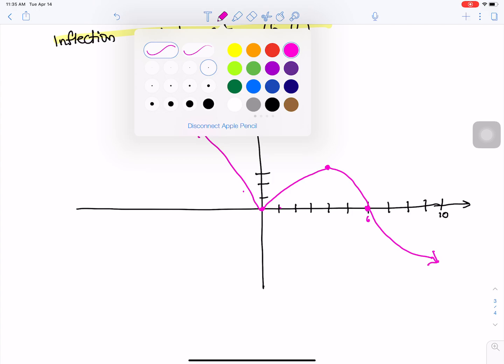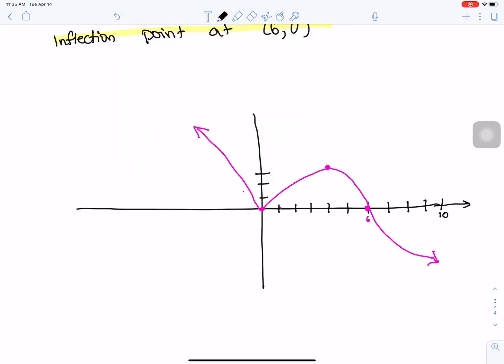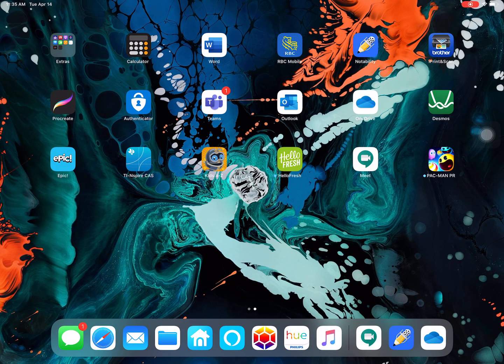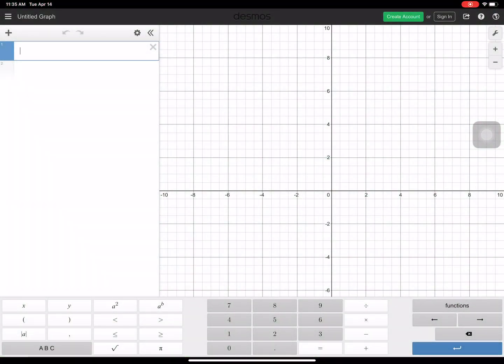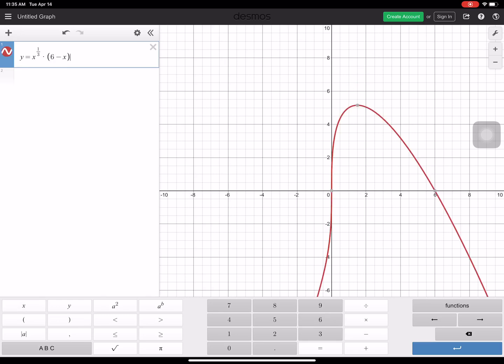Now what I want to do is I also want to show you on Desmos how you can check your answer. So what we're going to do is we're going to type in our original function, y equals x to the power of 1 divided by 3 times bracket 6 minus x to the power of 2 divided by 3.